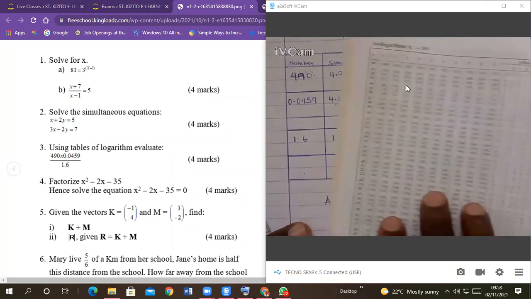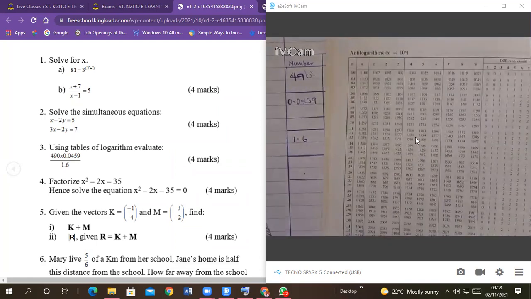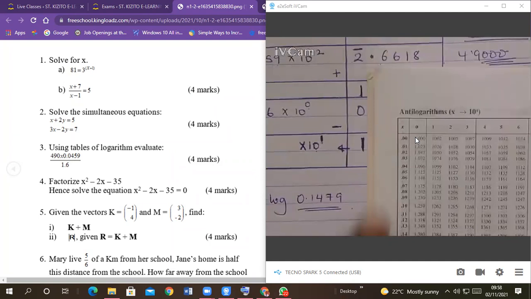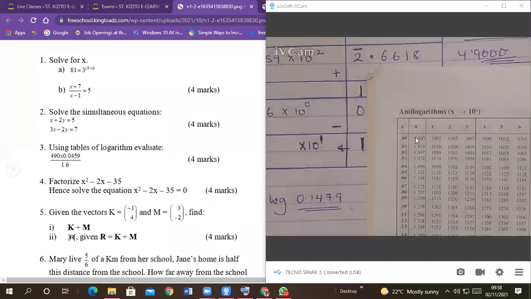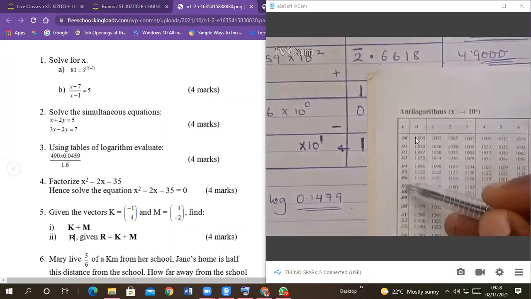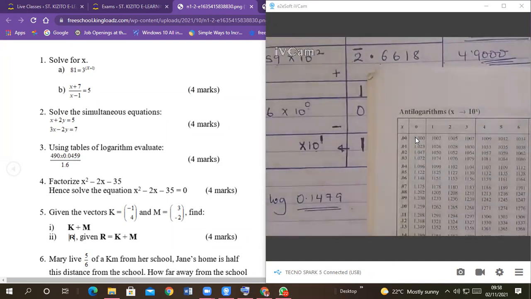So when you look at the antilog here, if I may zoom in very well, you see the antilog is giving us 2 decimal places here. So that means that we have 0.00, 0.01, 0.02, and so on.